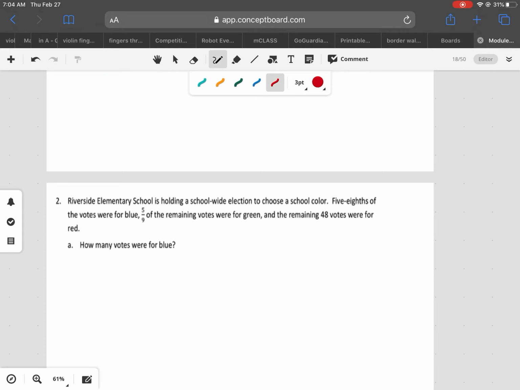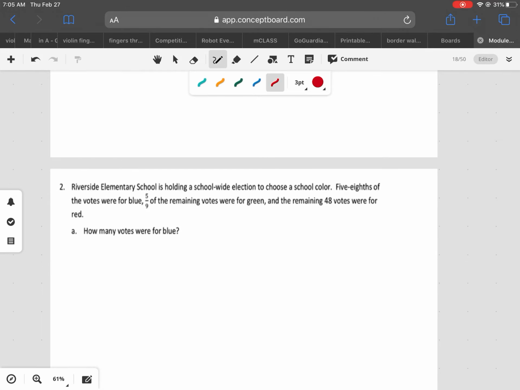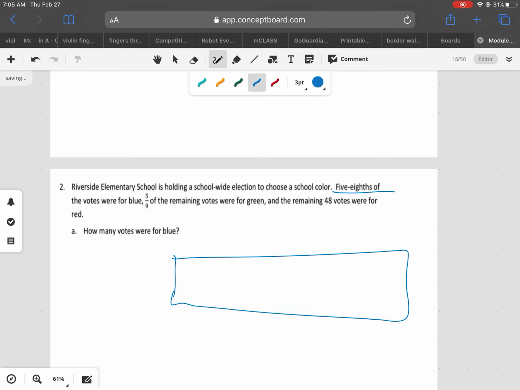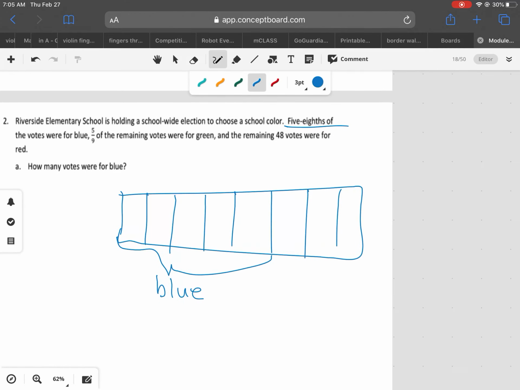Number 2, how many votes are blue? I'm not going to be able to get to this, but we have Riverside Elementary School is holding a school-wide election to choose a school color. 5/8 of the votes were for blue. So we're going to start off with the 8ths and cut it into 8ths. And we know 5 of those were for blue. 5/9 of the remaining votes were for green.